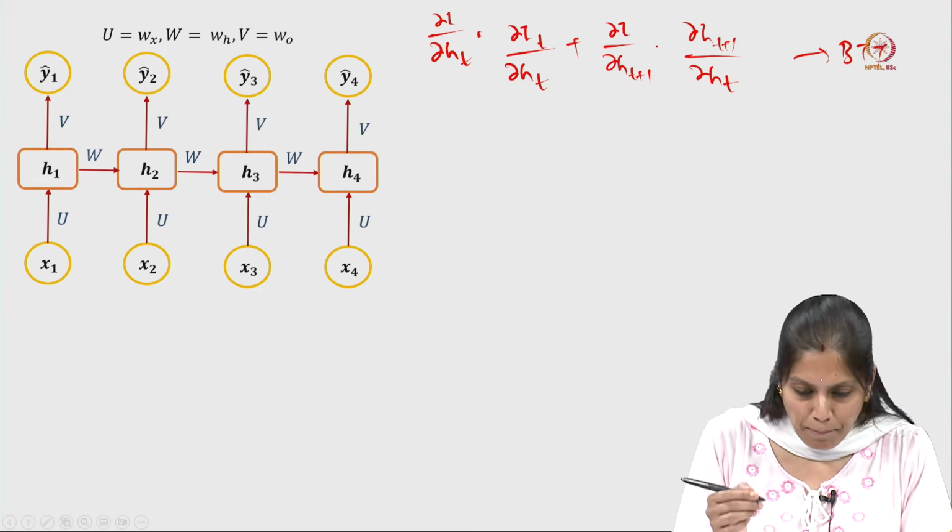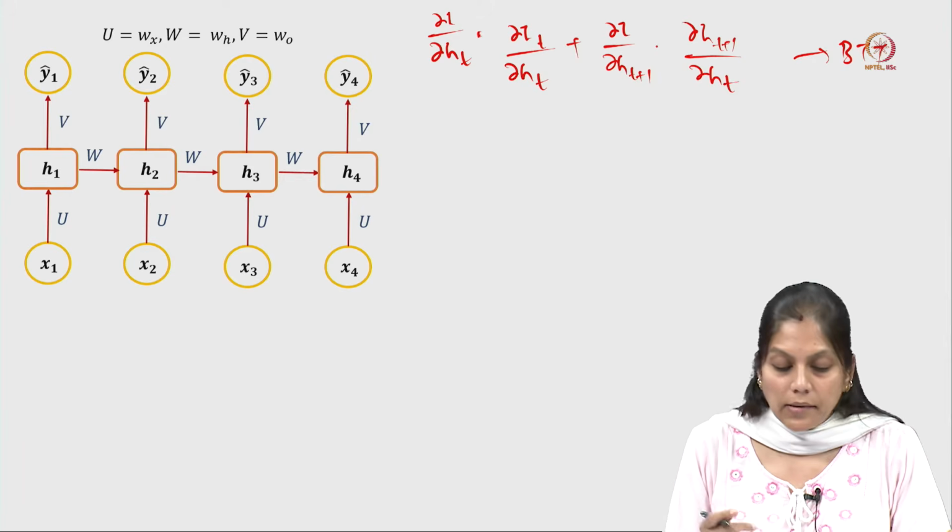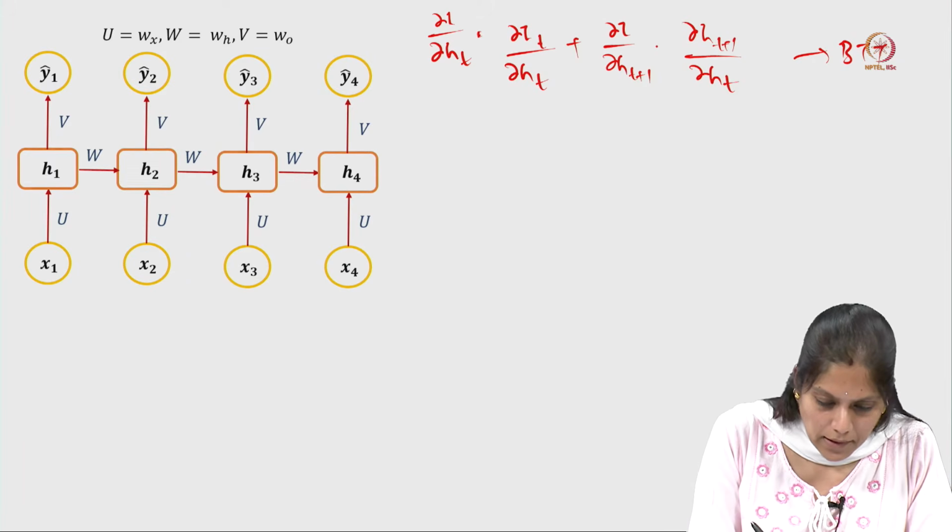Now, for simplicity, because there are so many derivative terms, can we write this term as delta t?